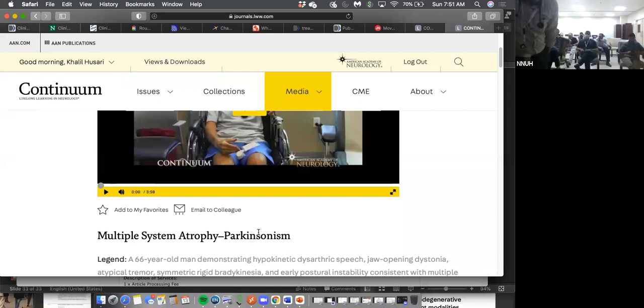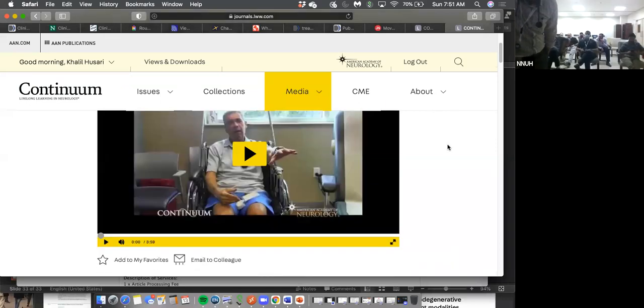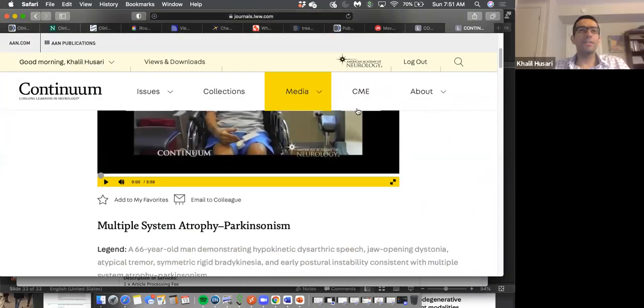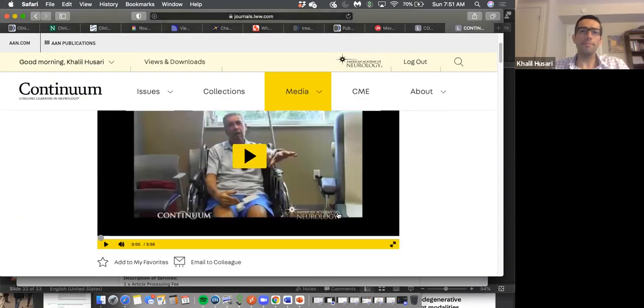The question is whether REM sleep behavior disorder increases the risk. Yeah, it's a very good question. Probably they do, and the data is not 100% solid about it. But they are at risk of developing Parkinson's disease. So it should be part of the counseling if you diagnose a patient with REM sleep behavior disorder.